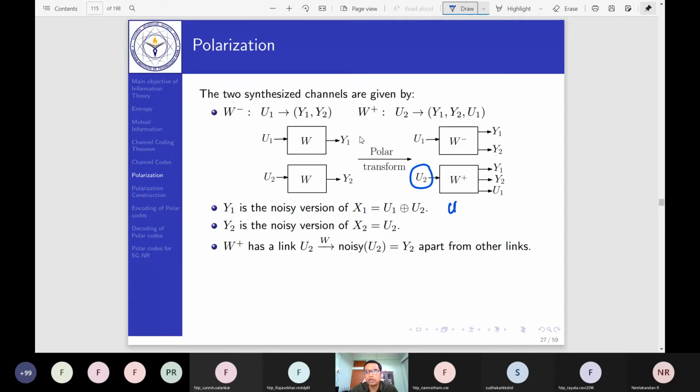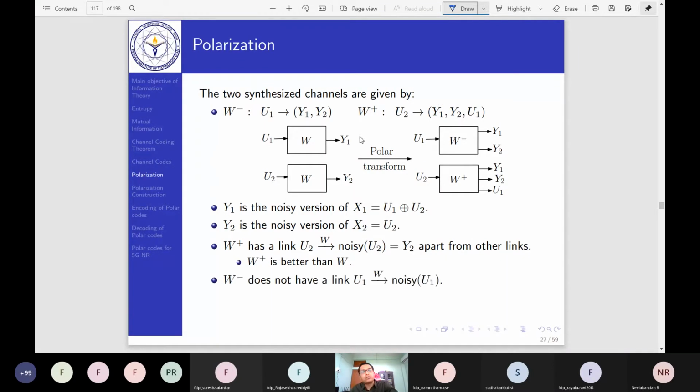If you consider this transformation, this is U1, this is U2, and U2 is X2, so this X2 is sent over W. So for this channel, U2 will already include this original channel W. So W plus has the original link W, apart from the other links, so W plus has to be better than the original link W or original channel.